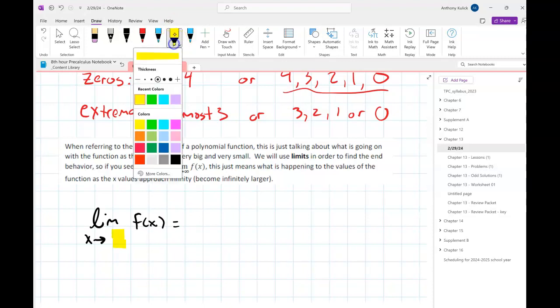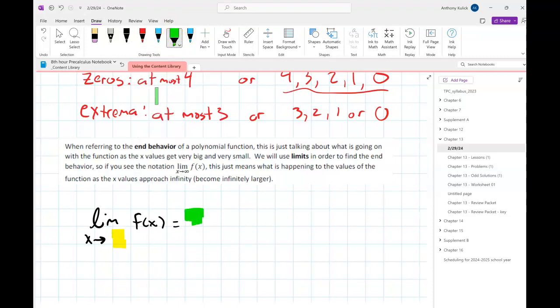So all of your limits are going to look like this, and we just have two things to fill in. For the yellow, we need to indicate whether this is the left arrow or the right arrow. To do that, we're going to use a negative infinity for left.